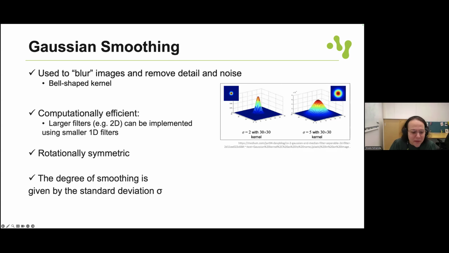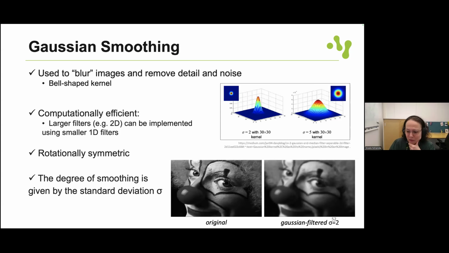It's rotationally symmetric, which has some advantages in terms of computational efficiency. Here we have an example of the effect of this filter. You can control how much you're blurring the image with the standard deviation parameter. If you're working with Fiji, that's the parameter you will have to define there.